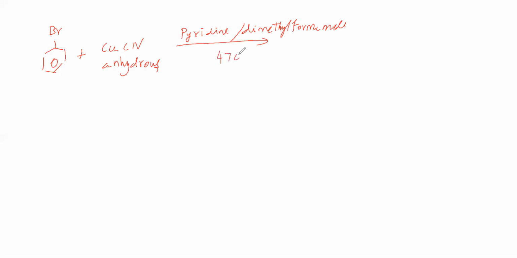Then we are providing a temperature of 470 Kelvin. So what we are getting is cyanobenzene. This Br minus is replaced by CN minus. So aryl halide, anhydrous cuprous cyanide, pyridine or dimethyl formamide at 470 Kelvin gives cyanobenzene.